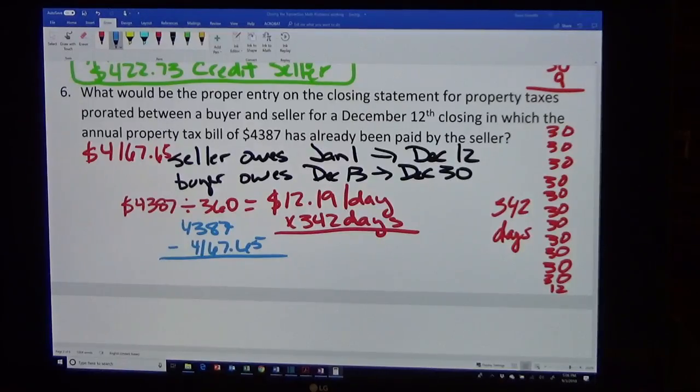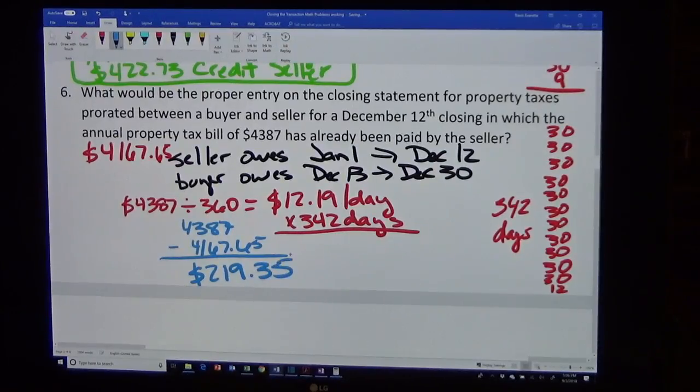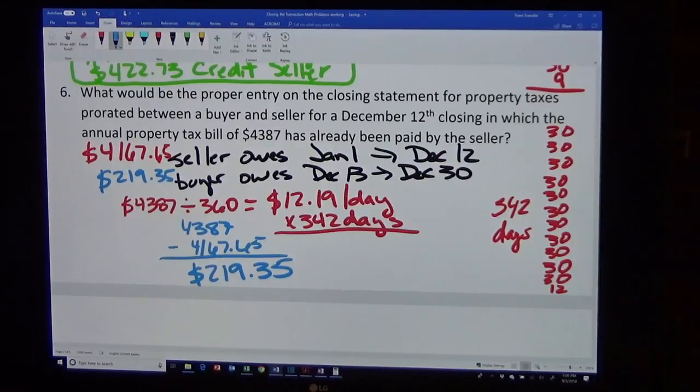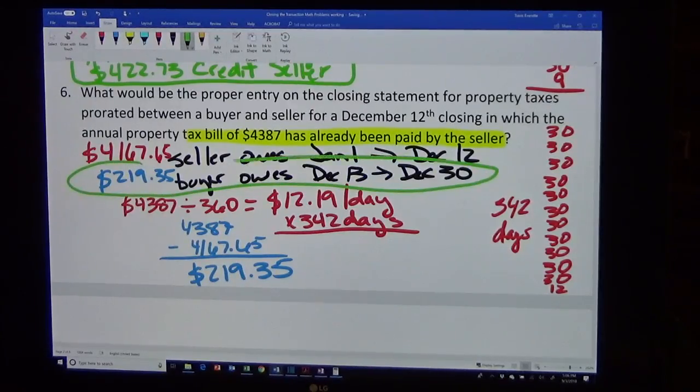And that looks like a buyer portion to me of $219.35. So $219.35 on the buyer side. So now go back to our statement here. It says the tax bill has already been paid by the seller. So do the opposite. Circle the buyer statement.